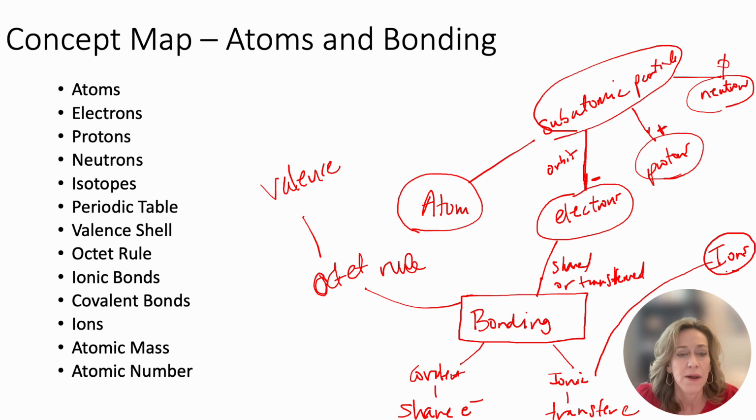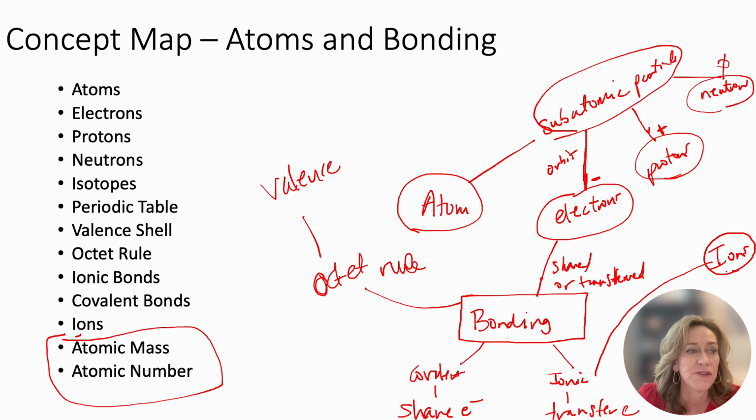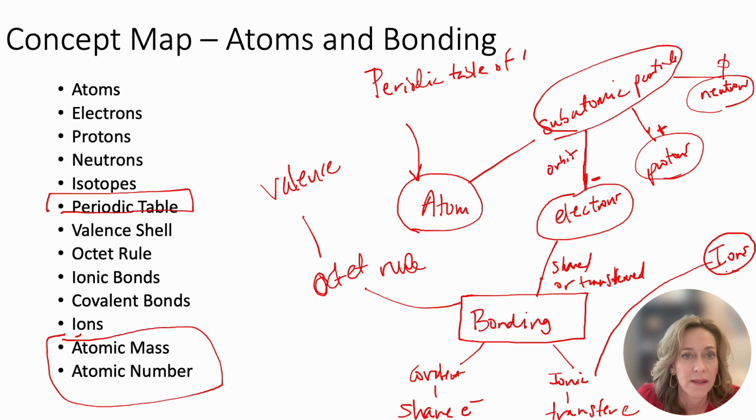Okay, now I have a couple terms down here that I haven't used, right? Mass number or atomic mass and atomic number. And I also haven't used periodic table, right? So I'm going to have to work those in some way. So what I might do is I might say periodic table of elements.